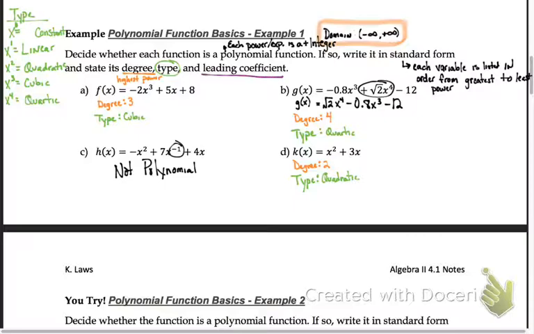All the leading coefficient is, is the coefficient in front of the variable with the highest power. Usually whenever I write the leading coefficient, I'll just basically abbreviate it as LC.